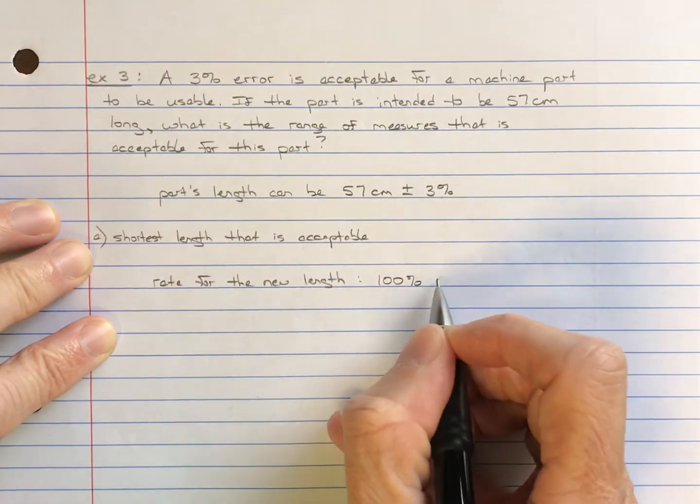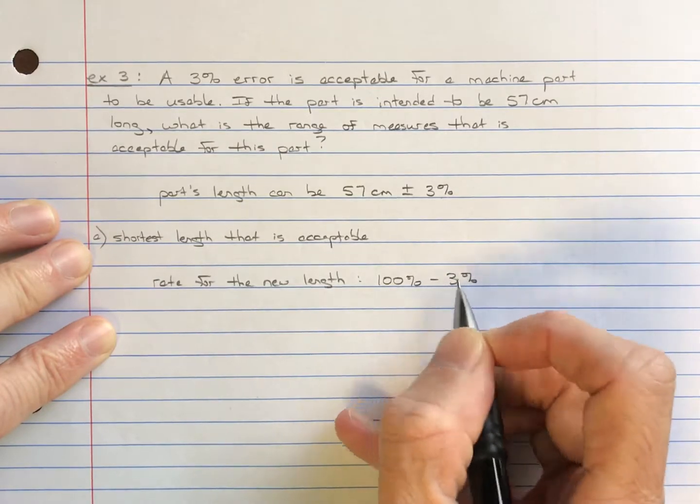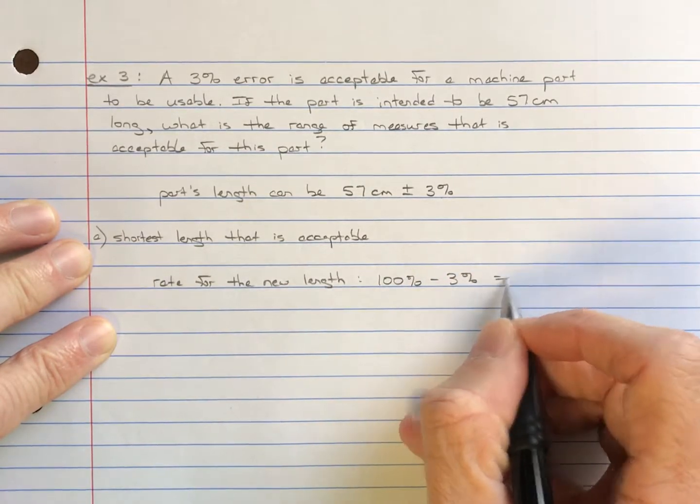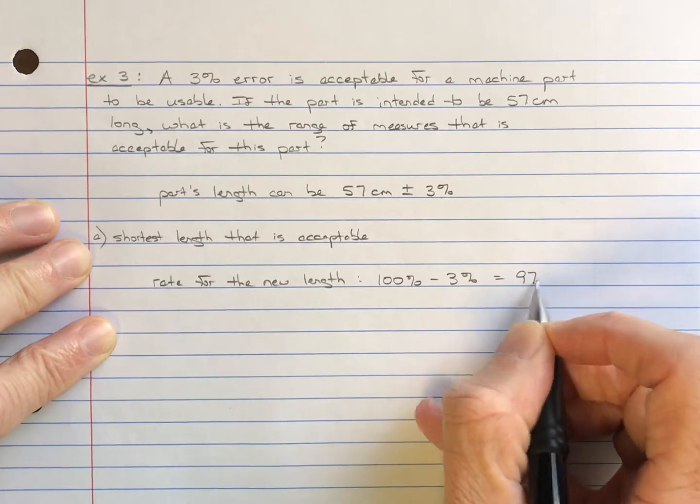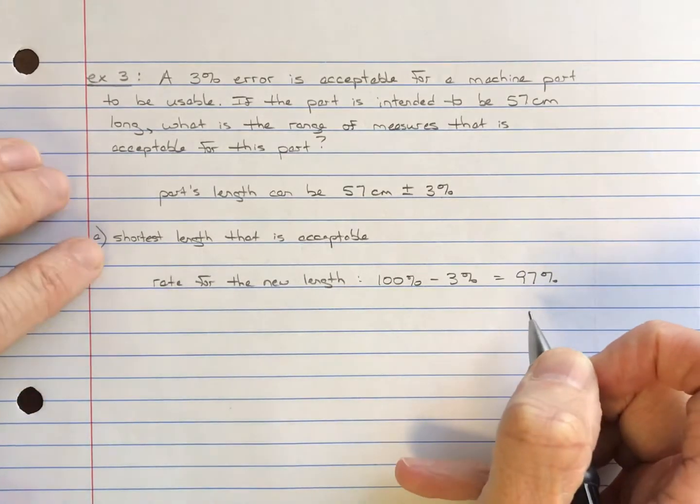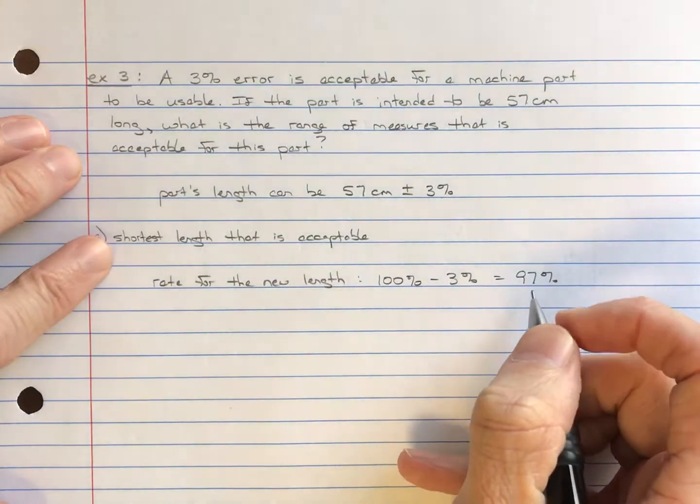So it's going to be 100% minus 3%. So we're going to allow the shortest length to be 97% of the original.